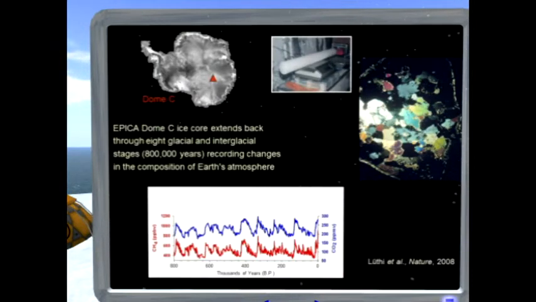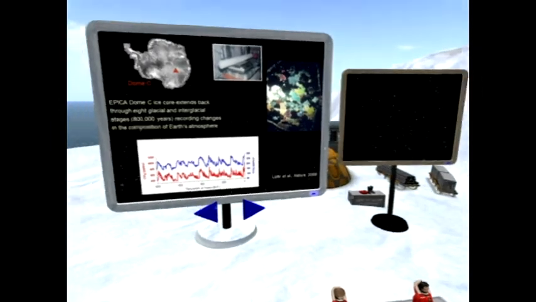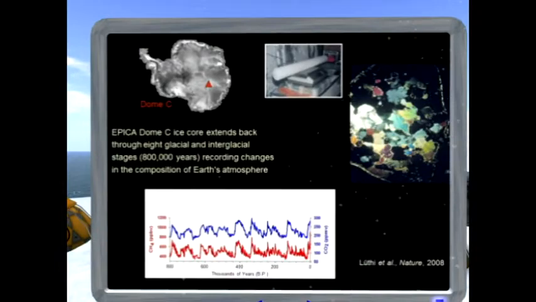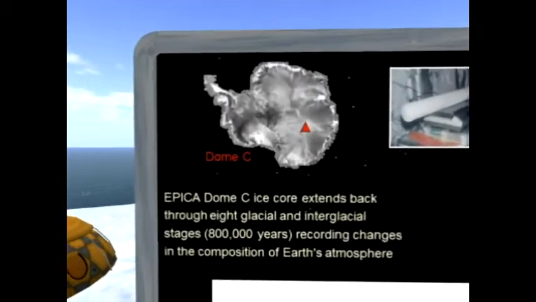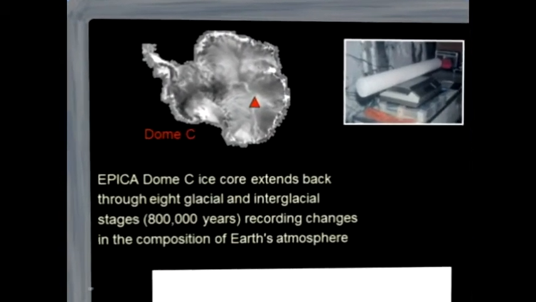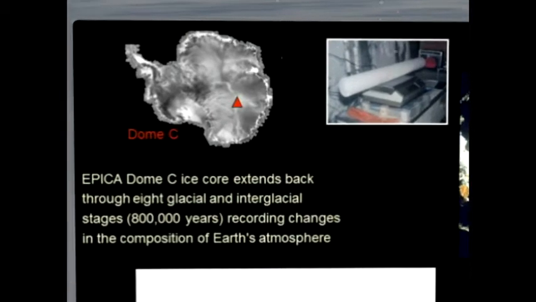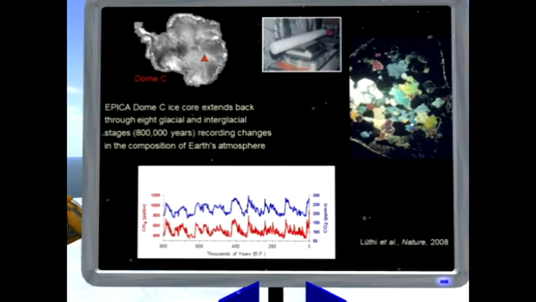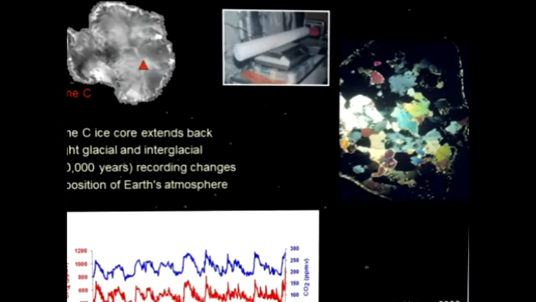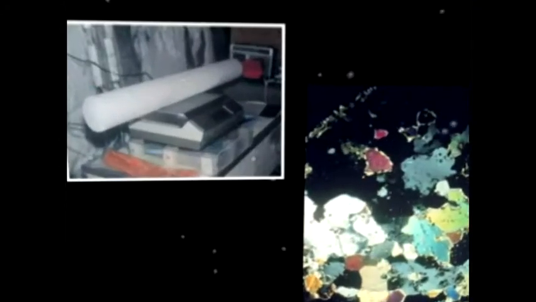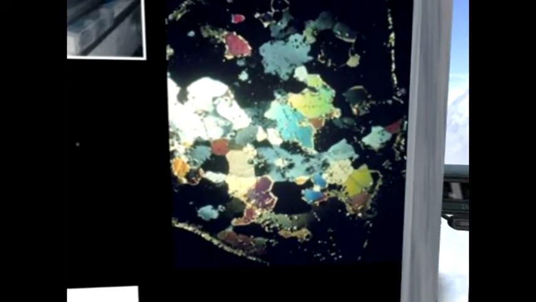All right, so I'm going to tell you a little bit about what's on this slide. So in the upper left is a map of Antarctica, which is the Earth's largest ice sheet. In the middle is a photograph of an ice core, and over on the right is a photograph of a thin section of the ice core. And if you look really carefully, you should be able to see bubbles in the ice.